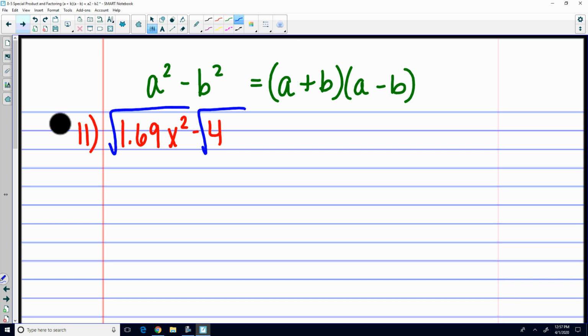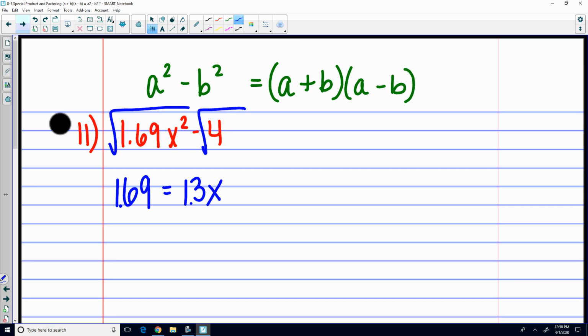All right, so the square root of 169 is 13. But if we throw in the decimal, it has to be 1.69, and if you use your calculator or think about the math a little bit, you're going to find out that it's 1.3. So see how they kind of go together. And I still have to take the square root of x squared, which just would give me an x.